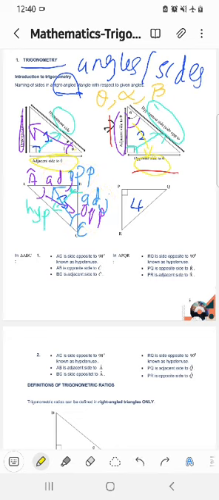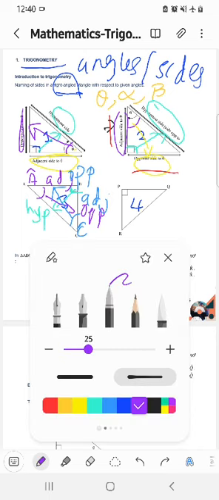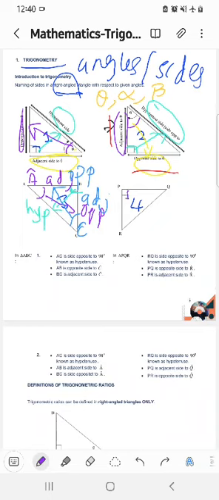Now let's look at triangle 4. On triangle 4, we still have 90 degrees there, and it is opposite to this side. So QR is our longest side, which is the hypotenuse of this triangle.